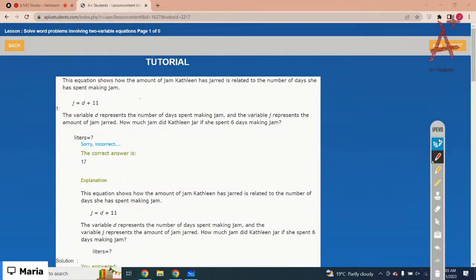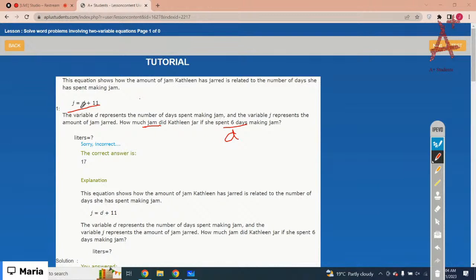So basically you are given the equation J equals D plus 11. Here J is the amount of jam jarred, and D is the number of days. You are given the value of D. D equals 6.